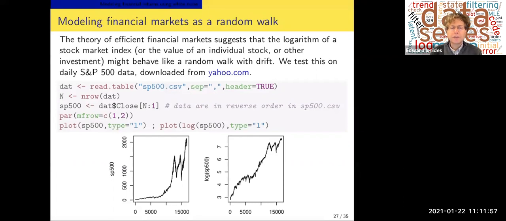Whenever you have data of financial objects, it's very commonly a good idea to take the log. The log is the thing that we think might look like the random walk with drift. Here is the log on the right-hand side, and it does indeed have some drift that might look roughly linear.